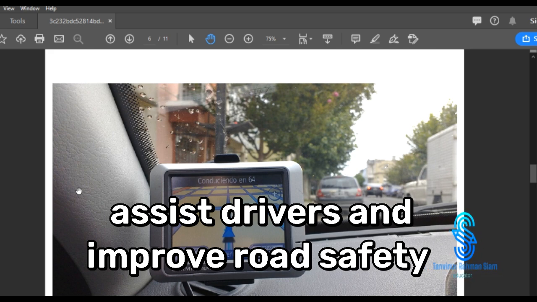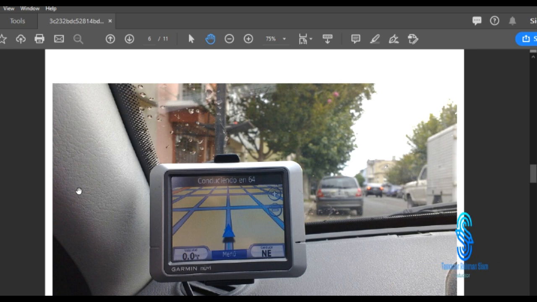So if we give some components or bullet points after visualizing the image which is showing on your screen, that is GPS navigation. Okay, so GPS navigation, what does it do? It provides real-time location data and route information.